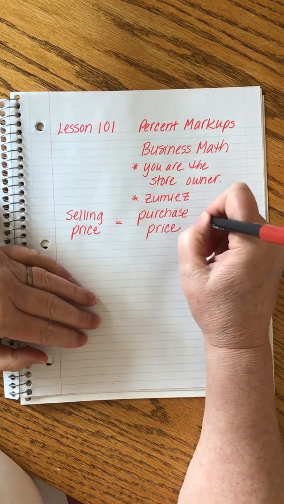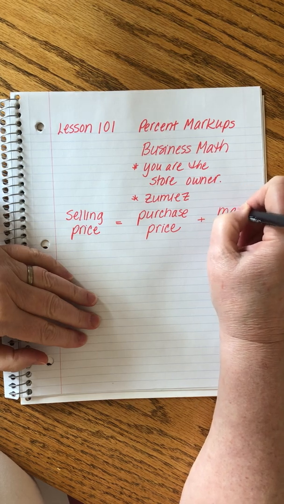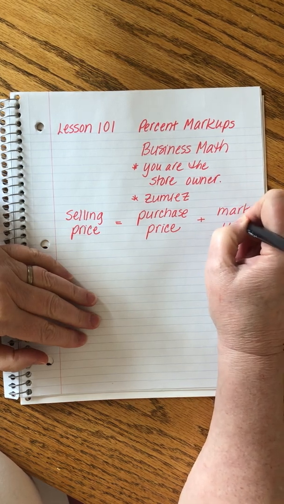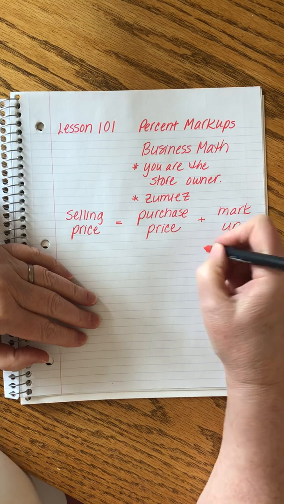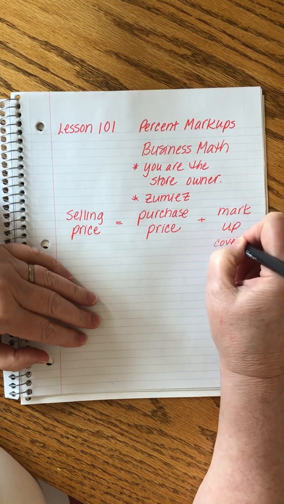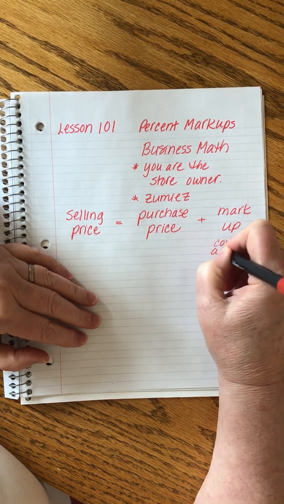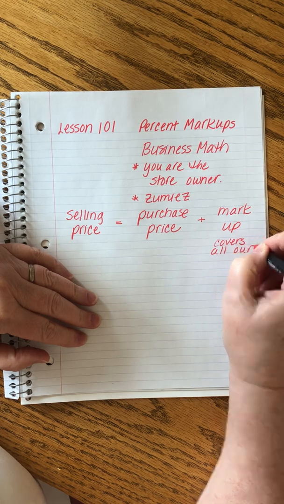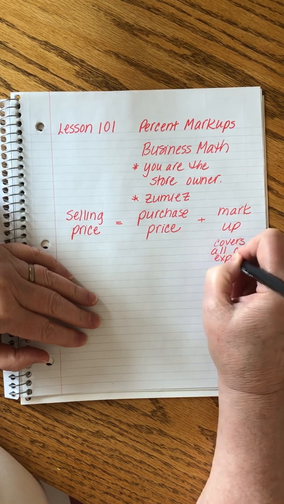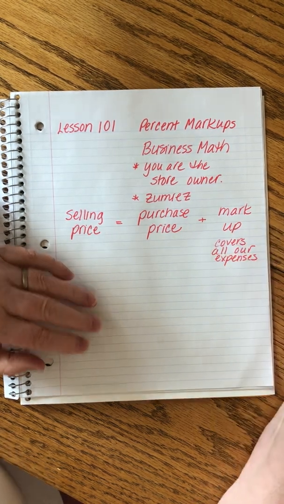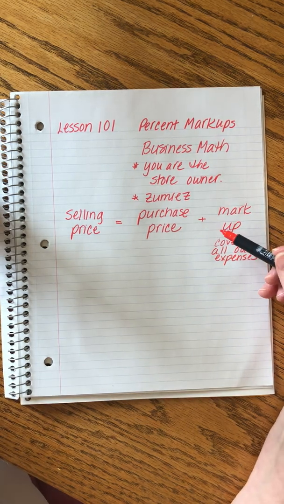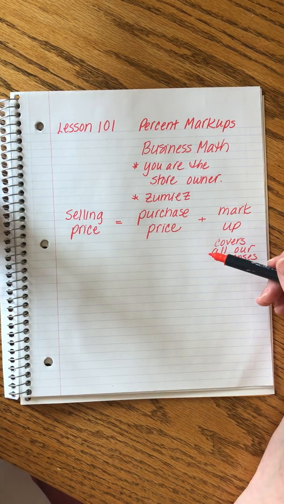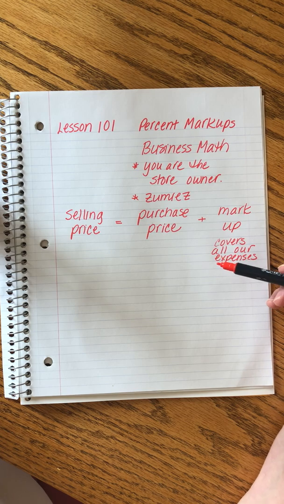And then we have to add to that what's called a markup. And this markup is what covers all our expenses. Okay, we have to pay people to unbox the merchandise and get it ready for the floor. We have to pay people to wait on customers.